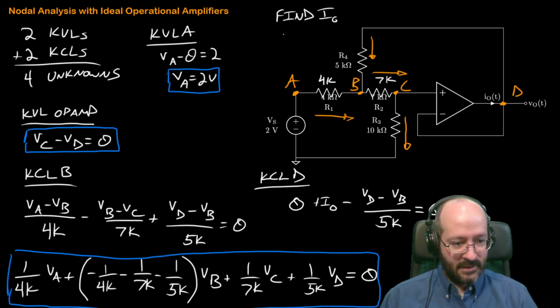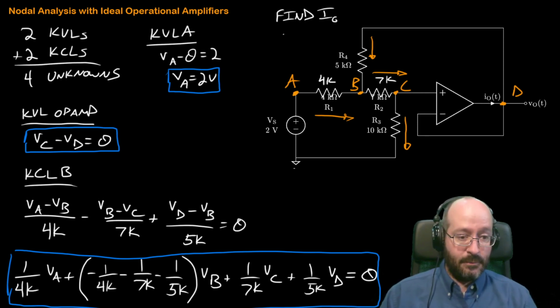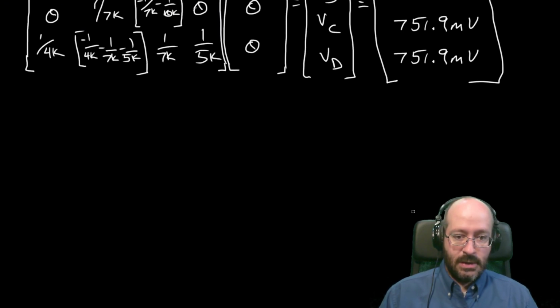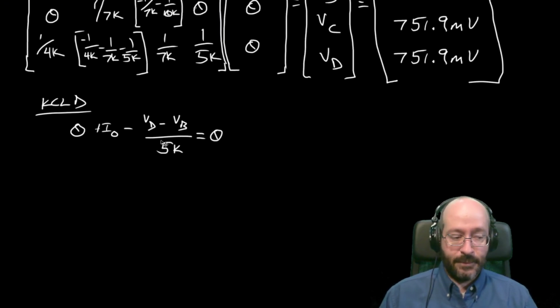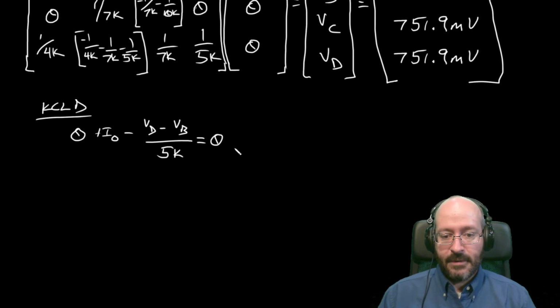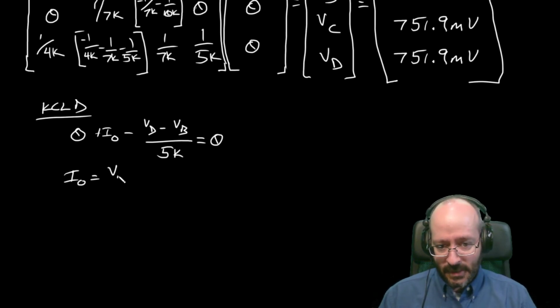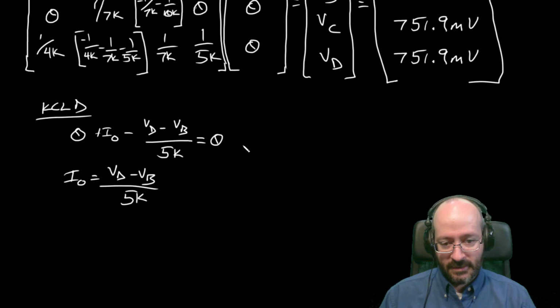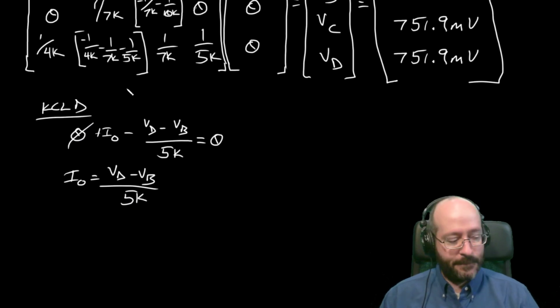I'm going to steal that and bring it down below so that I can plug in some values. Okay, so that's where I got that from. Solve it for IO, right, and we get VD minus VB over 5K. Right, add this whole mess to both sides, that moves over, and the 0 drops out.